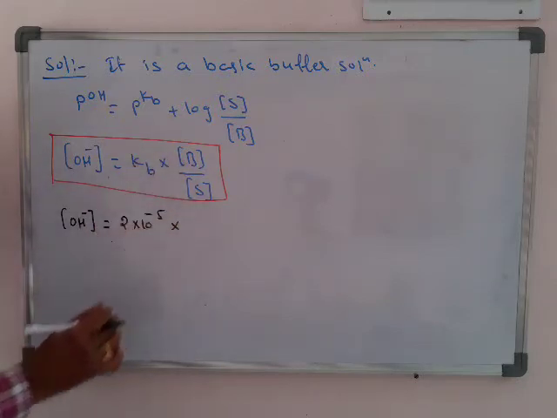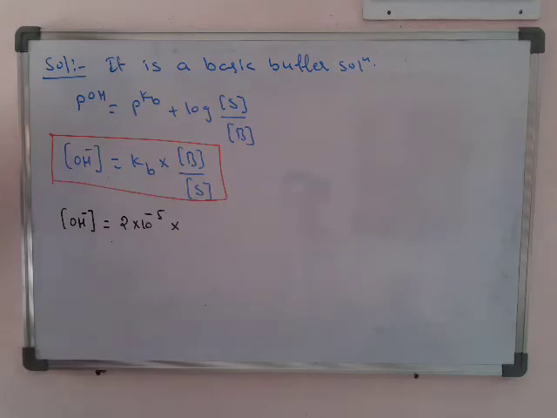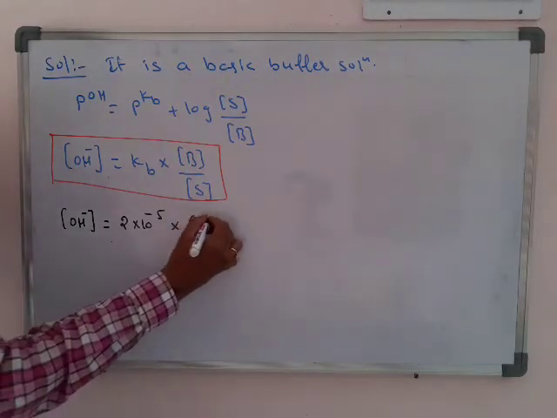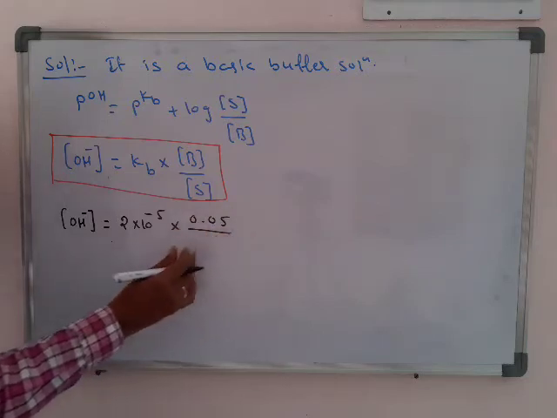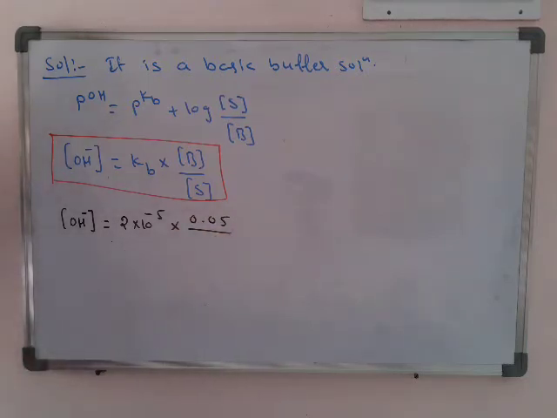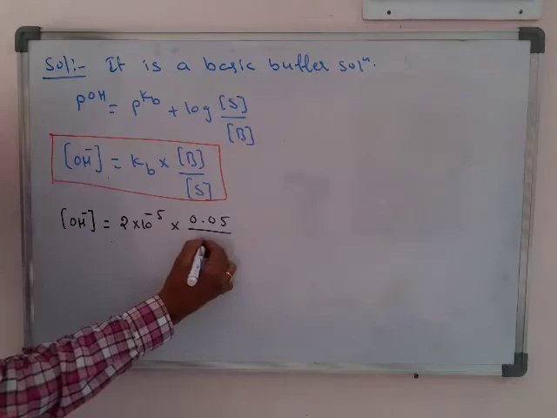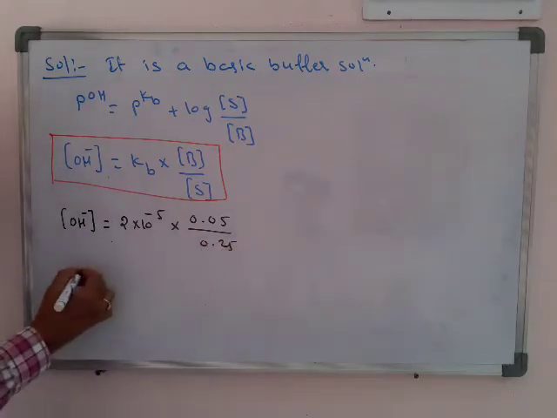What is the base concentration? What is the base in it? Ammonium hydroxide. Ammonium hydroxide base concentration is 0.05. What is the salt? NH4Cl. Salt concentration is 0.25.